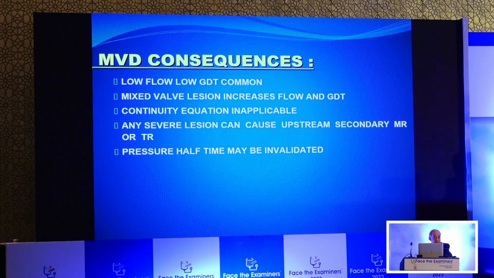Any upstream lesions can cause a functional mitral regurgitation or functional tricuspid regurgitation. It is not uncommon to see a patient with severe aortic regurgitation who, because of left ventricular volume overload, may develop mitral annular dilatation, and there may be findings of mitral incompetence. In a patient where there is pulmonary hypertension, you may get tricuspid valve incompetence.